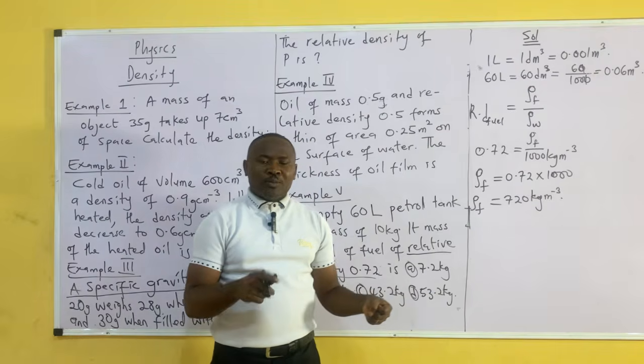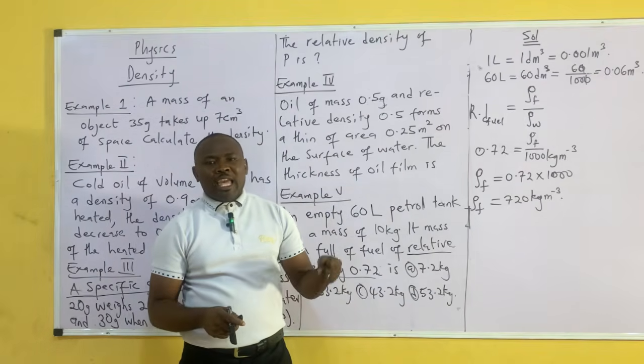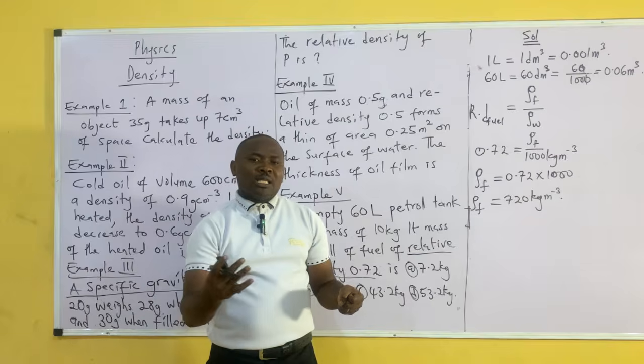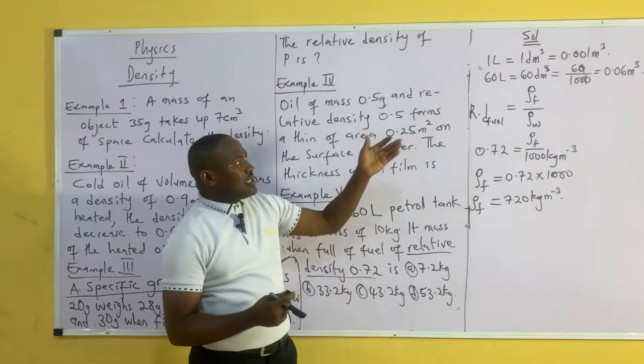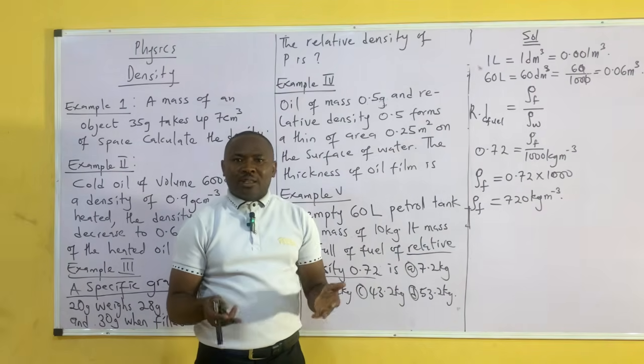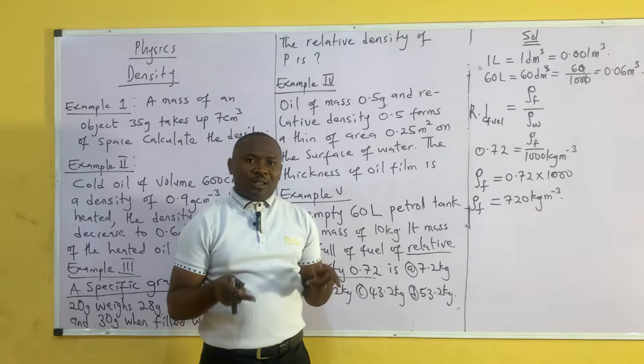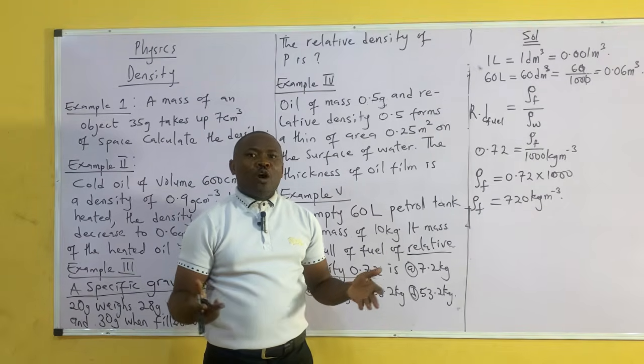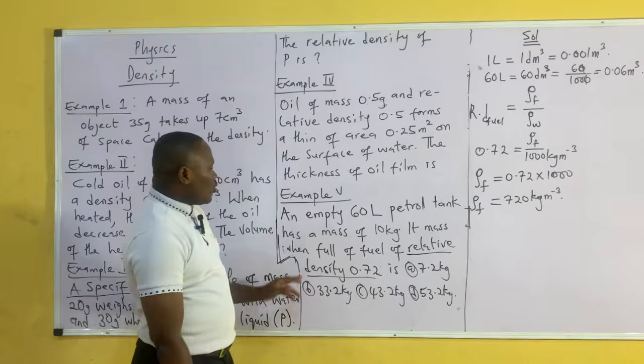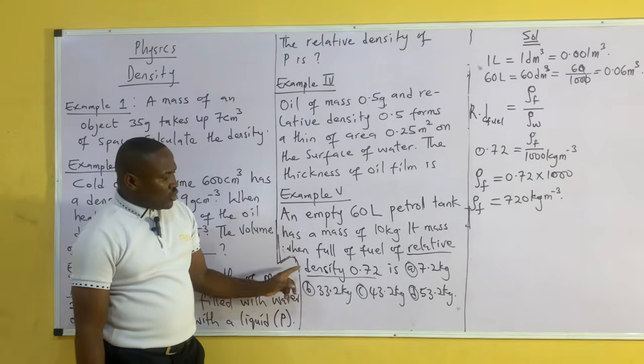So a 20-liter empty tank will take 20 liters of fuel, while a 60-liter empty tank will definitely take, when filled up, 60 liters of fuel. So that is one of the ideas you need to solve this question.